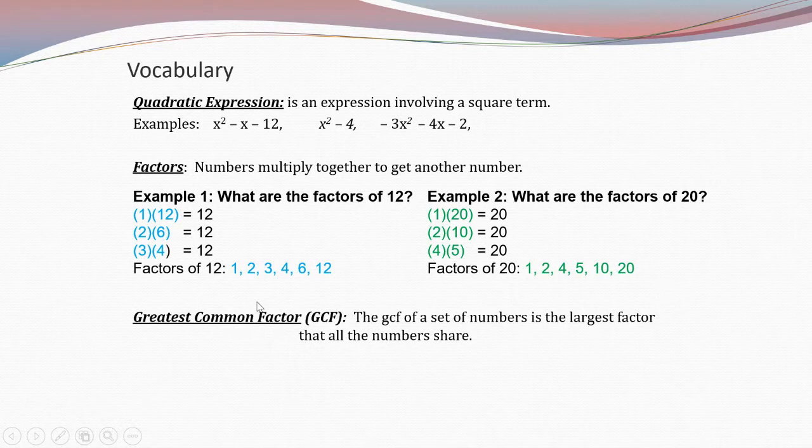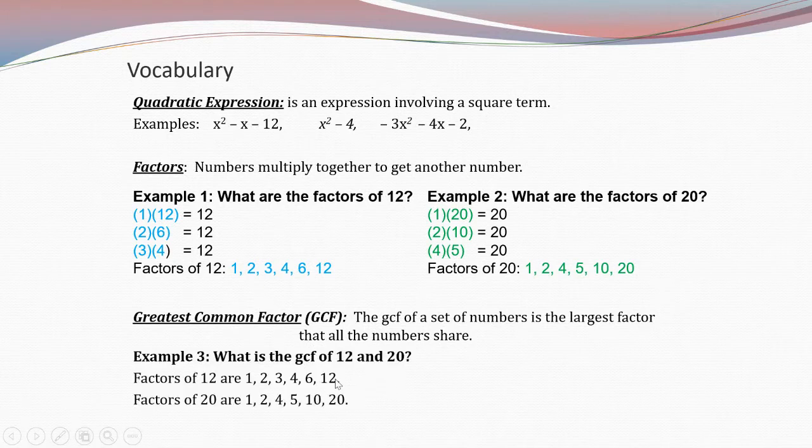Greatest common factor, the GCF. The GCF of a set of numbers is the largest factor that all numbers share. Example, what's the GCF of 12 and 20? The factors of 12, which we just got earlier, are 1, 2, 3, 4, 6, 12, from example 1.